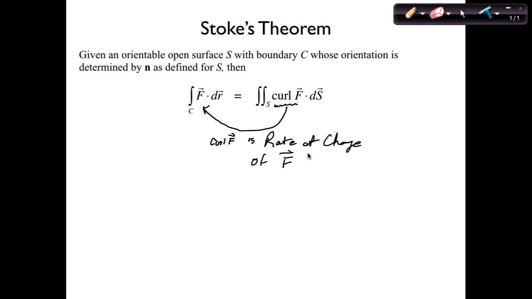And what is C relative to S? The boundary. C is the boundary of S. And what is this? Summing up all the little bits of rotational strength through S with the flux of the curl. And when you do that, it's equal to kind of the sum total around the boundary.